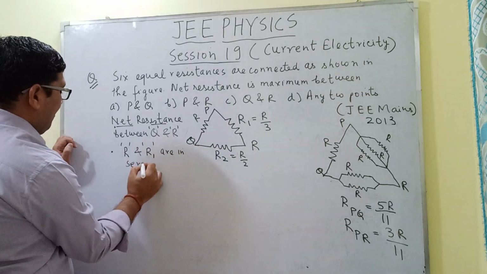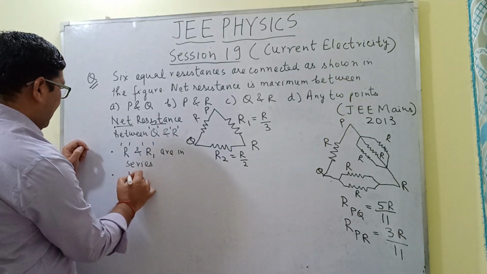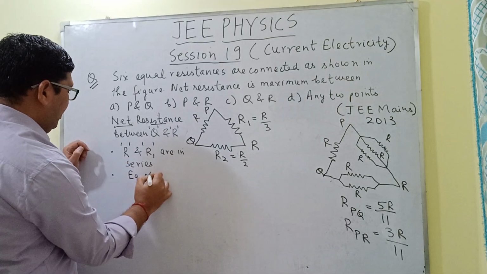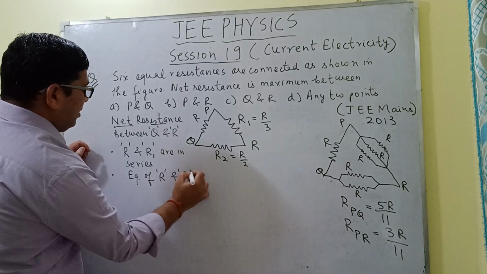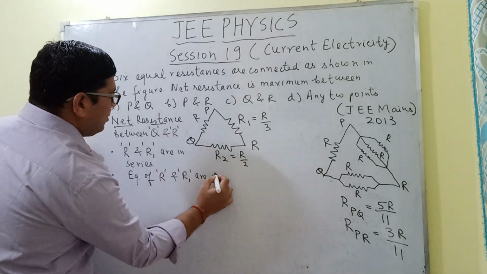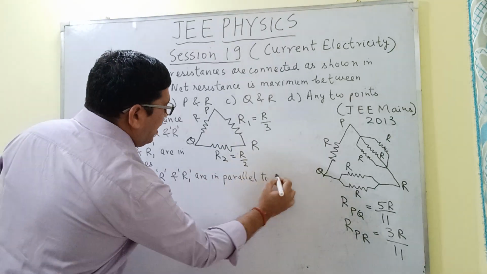This is the first point. And the second point is that the equivalent of R and R1 is in parallel to R2.